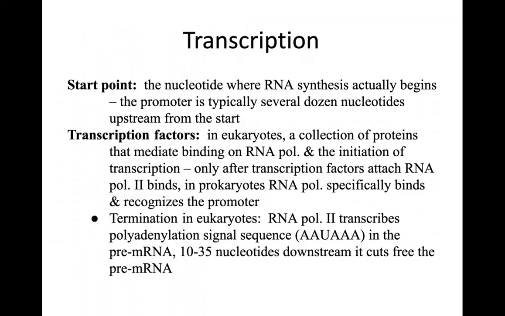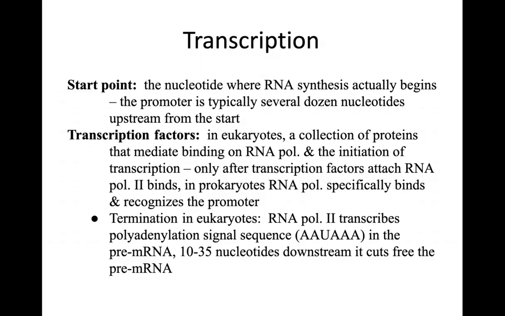So your start point is going to be the nucleotide where the RNA synthesis actually begins. It's usually going to be a promoter that's typically several dozen nucleotides upstream from the start. We have transcription factors in eukaryotes that are collections of proteins. They're going to help to mediate the binding of the enzyme RNA polymerase on there.